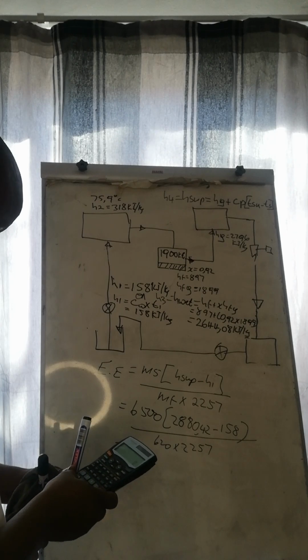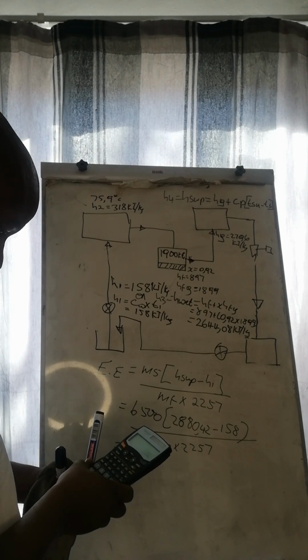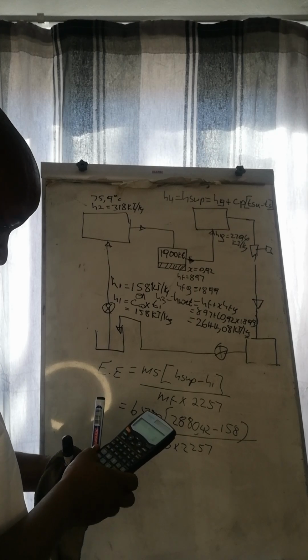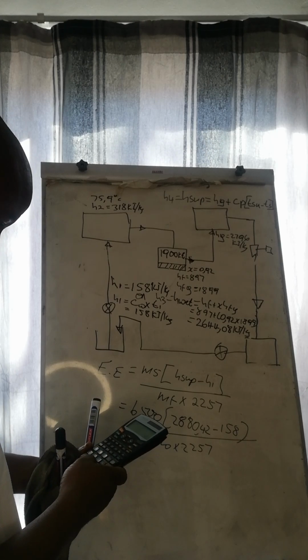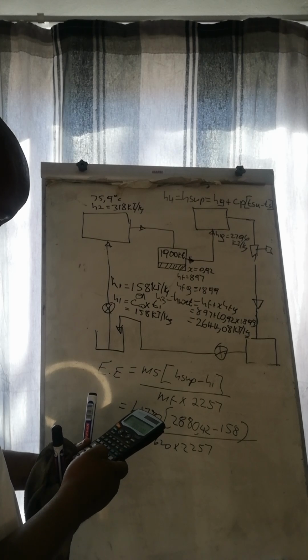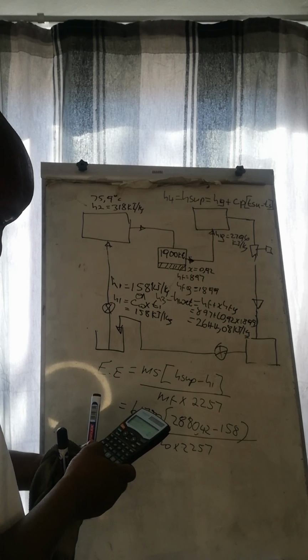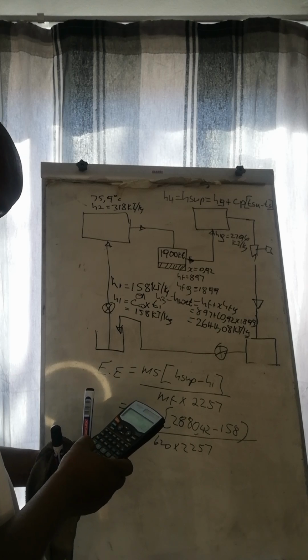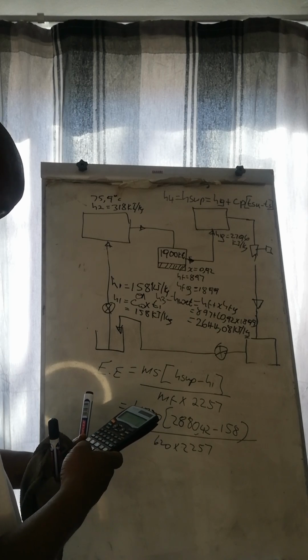And we have 2880.42 minus 158, multiplied by 6,500, divided by open brackets 620 multiplied by 2257 closing brackets.